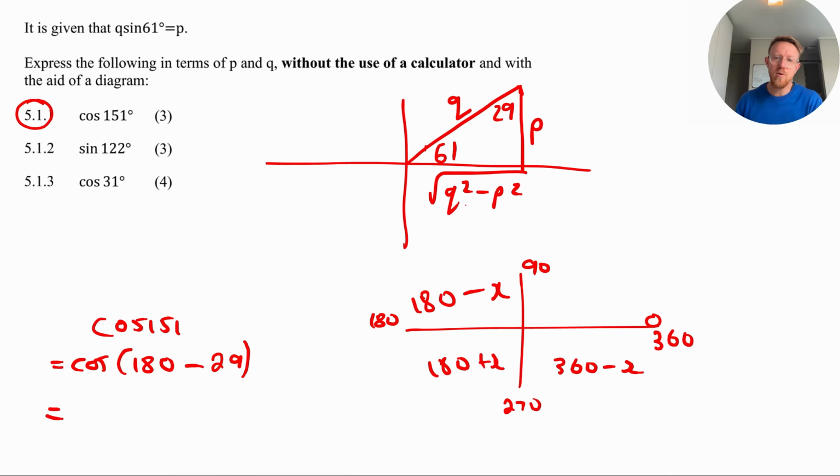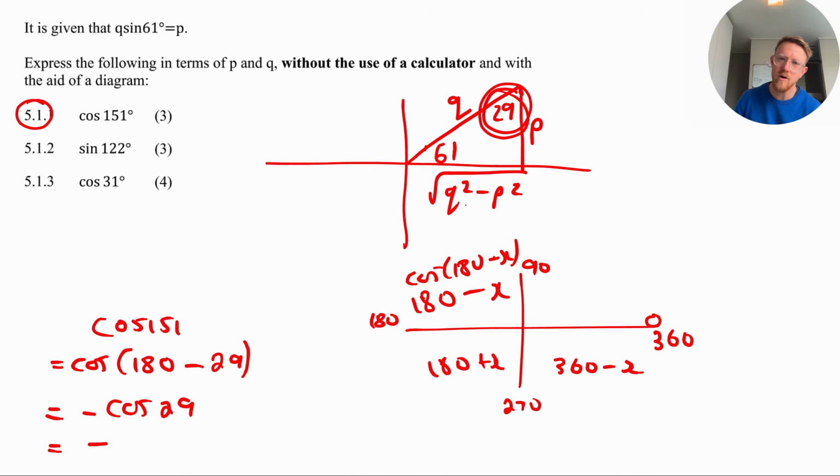Now we know that whenever you have cos of something in this quadrant, like cos 180 minus x, then it always becomes a negative answer, and then you just write the angle. So it'll become the negative of cos 29. And so now we can just say negative, and then we can go get cos 29 from our triangle.